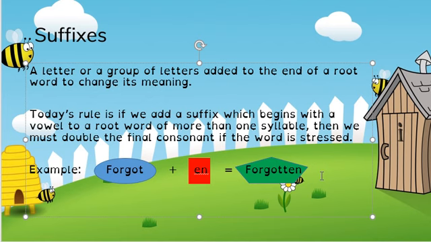So forgotten. So I haven't just added the suffix en, I've added another T, another consonant to the end of my root word. So the T actually doubles. There's going to be two T's. So forgot plus my suffix equals forgotten, but I have to double my consonant, so I have two T's.